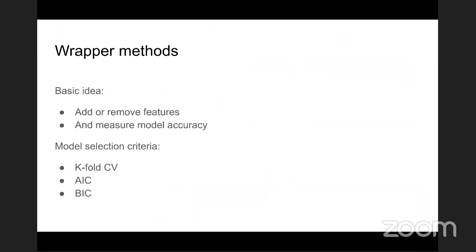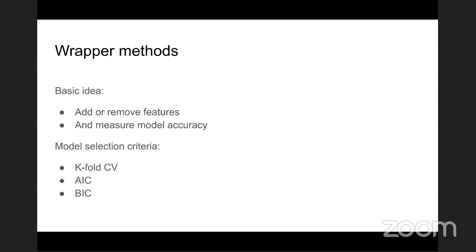Okay, so the next set of methods are wrapper methods. In filter methods, we looked at each feature in isolation. We looked at x1, x2, all the way to xi, to xd, from 1 to d, in isolation. Now in wrapper methods, we will maintain a model, and we will look at each feature in the context of a model.